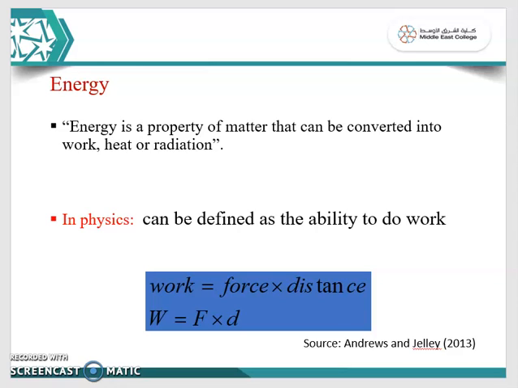Coming to the definition of energy, it is a property of matter that can be converted into work, heat or radiation. In physics we might have studied this, and it can be defined as the ability to do work.